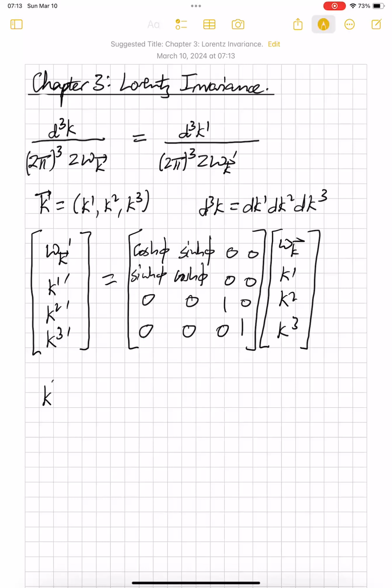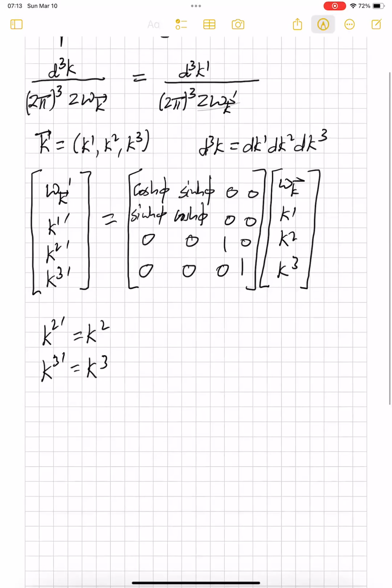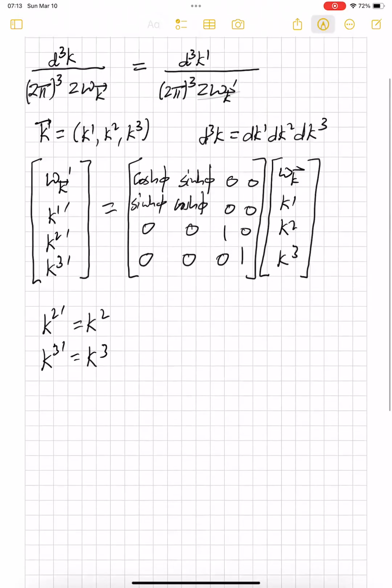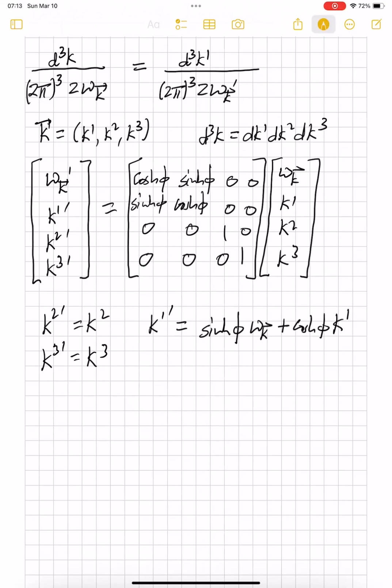One of them is that k2' is just k2. Well, that's pretty simple. And k3' is just k3. And then if we write down what is k1', well, this one is non-trivial. So k1' would be equal to, just read it off the matrix, a sinh φ ω_k plus a cosh φ k1.